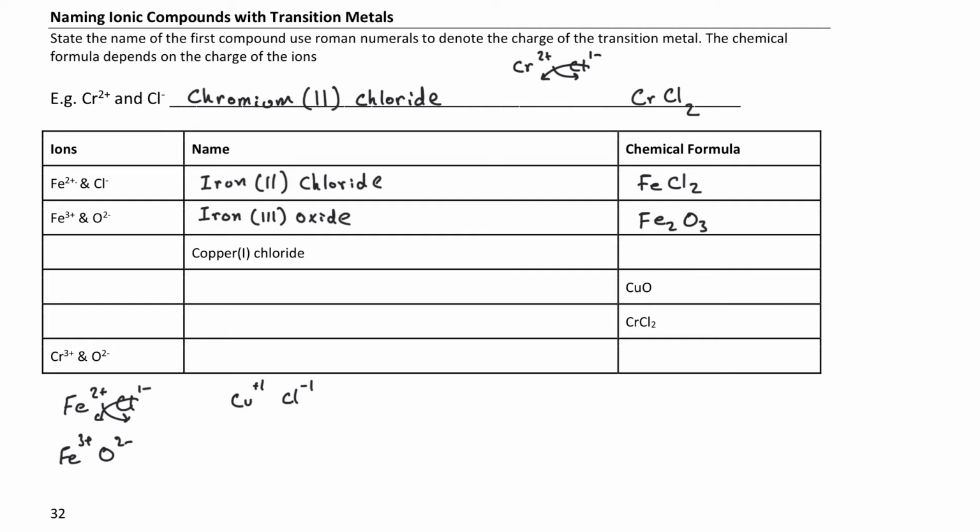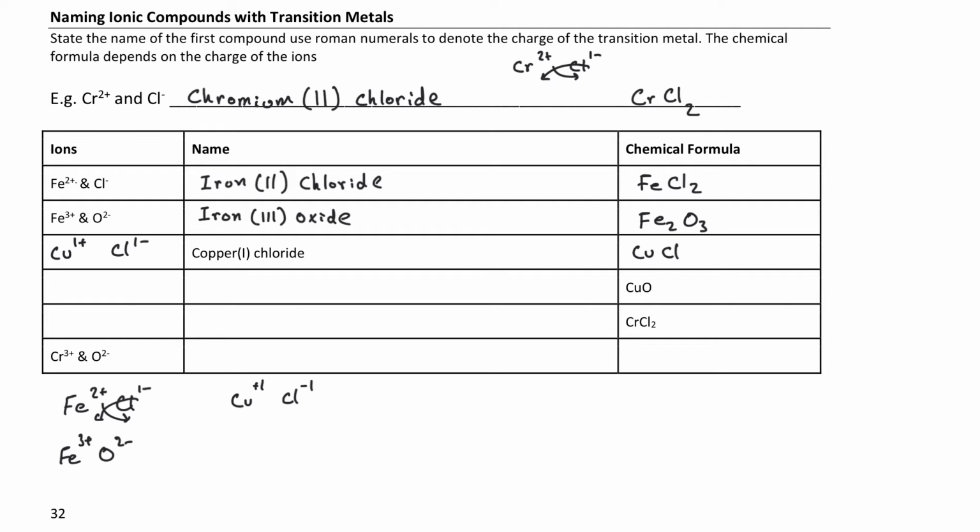And I know this is +1 because of this. And if that's the case, the formula just becomes copper and chlorine. That's it. Sorry, this is 1 plus, and chlorine is also 1 minus. So I want to make sure that I write this well. So I'll write it as 1 plus.